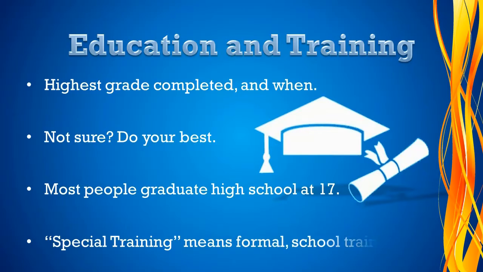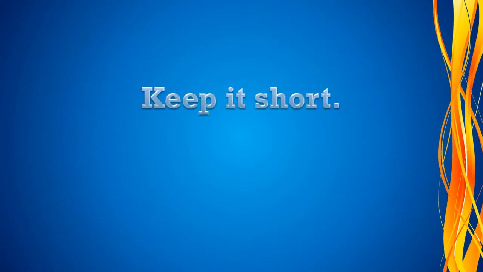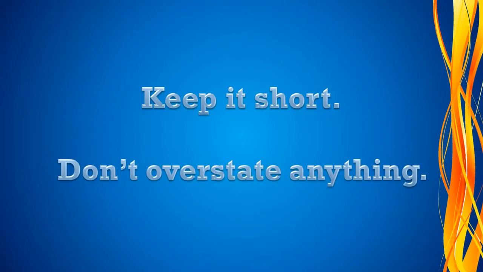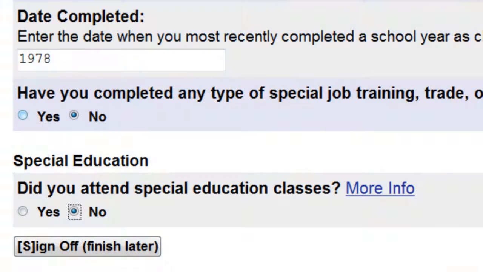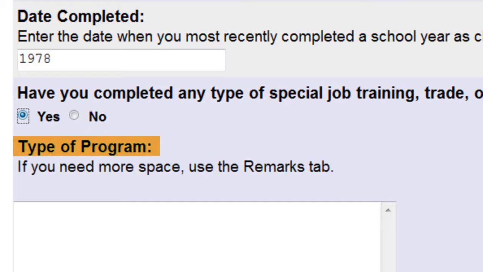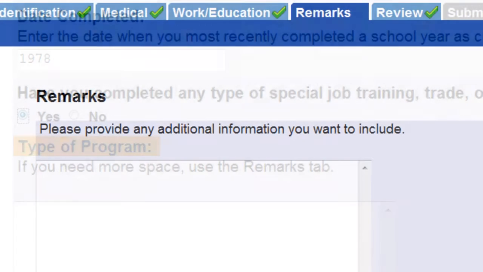You'll be asked if you had any special training, trade, or vocational school. Special training does not include on-the-job training at your uncle's flower shop and anything other than formal training from a recognized organization or school. Keep your answers short and to the point, and don't overstate anything. If you choose yes on any of the questions, you must explain those answers to Social Security.